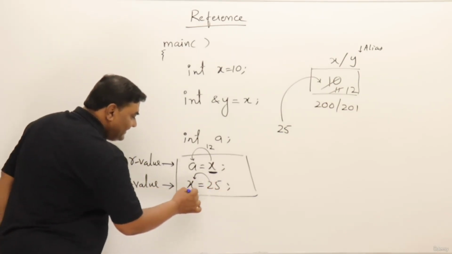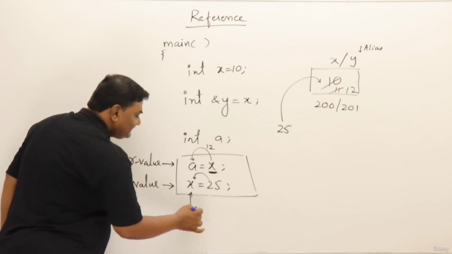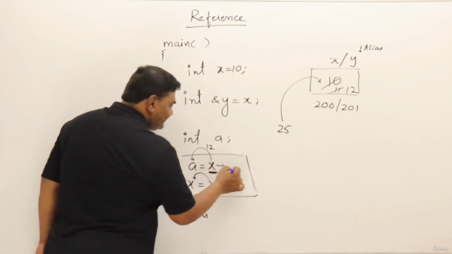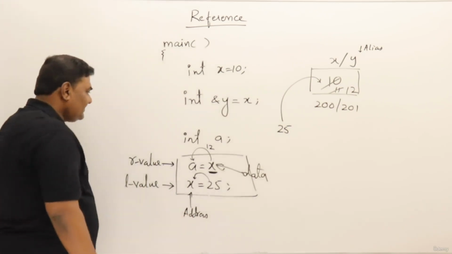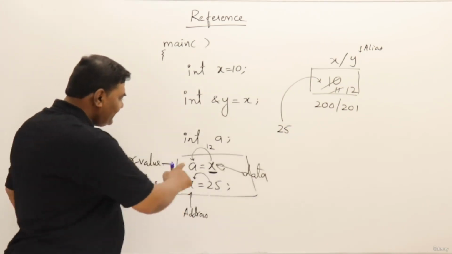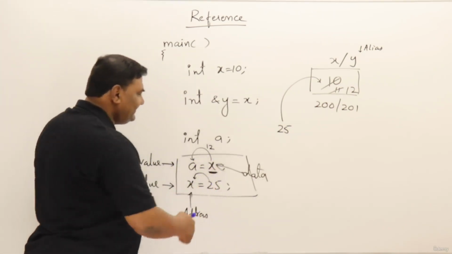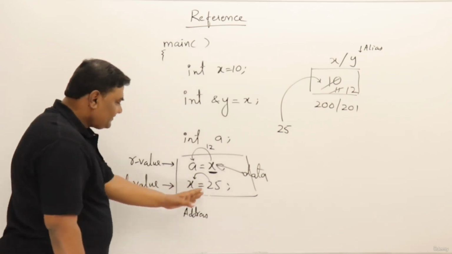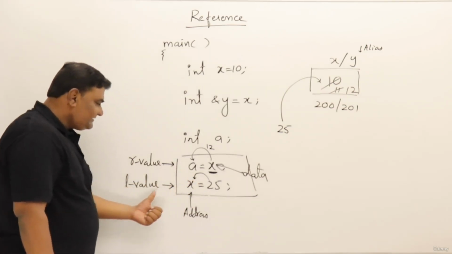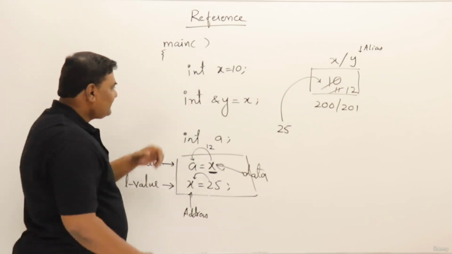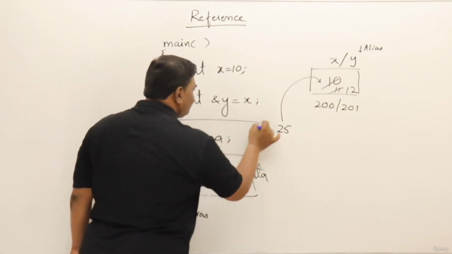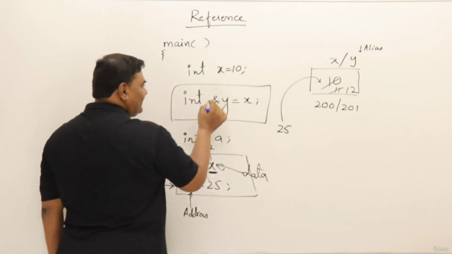So this is address of x. So this is data of x. So in simple terms, on assignment, when you take a variable on the right hand side, it means data. When you write it on the left hand side, it means its address. L value means address.